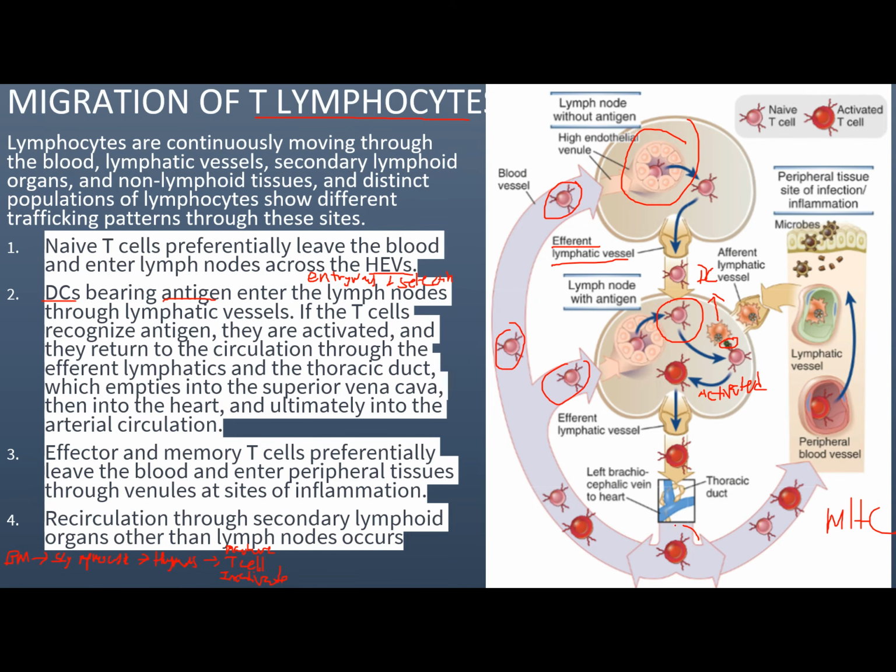Since they are already activated, class, they are exposed to the antigen. As mentioned earlier, when your T cells and B cells are activated, they would typically go to the site of infection. Some would go to the circulation again, and some would directly go to the site of infection, through the peripheral blood vessel and finally into the site of injury.